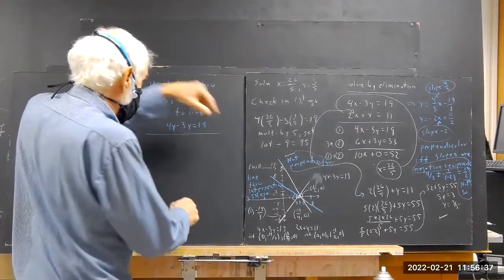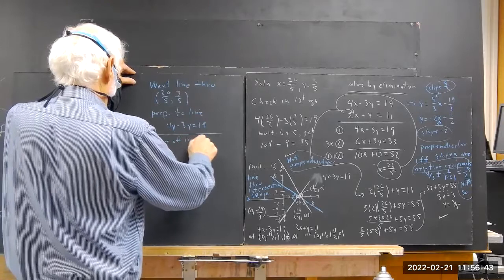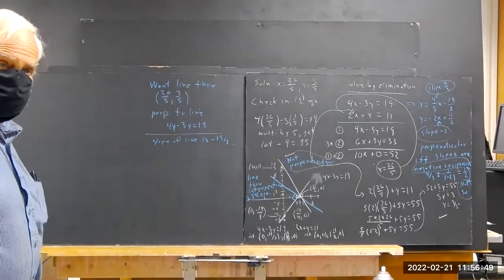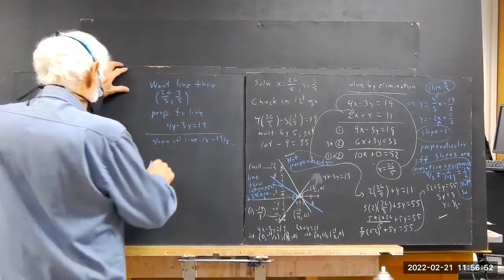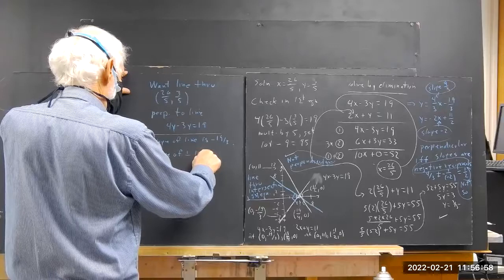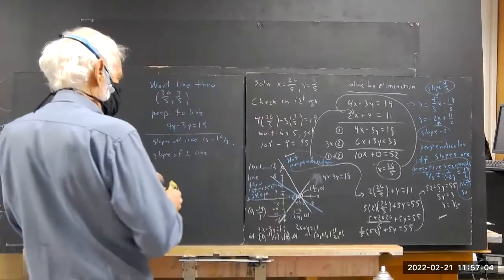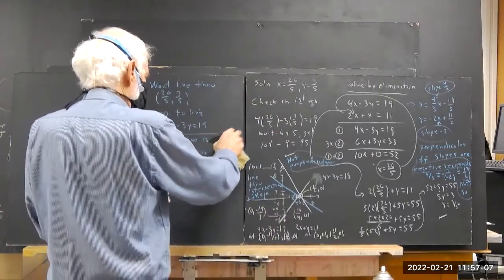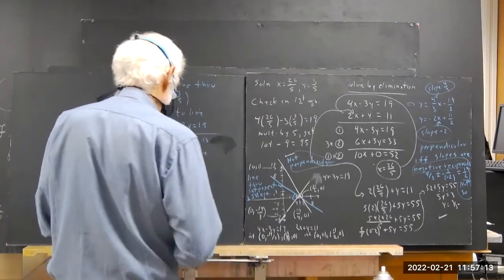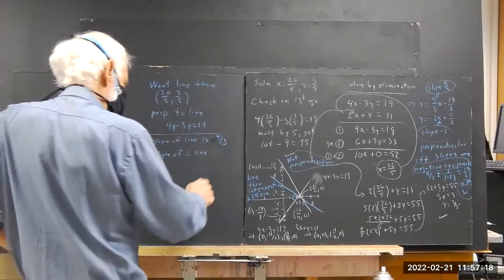Slope of the line, as we saw previously, is 4/3. Slope of the perpendicular line. It's not 4/3. We just want to write down the fraction reversed, with the denominator of 4, and negative. Slope of the perpendicular line.